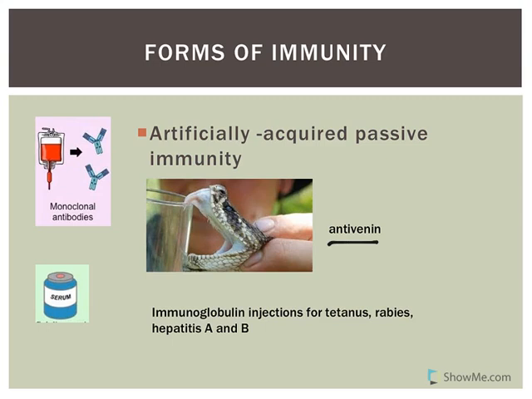Another example of an artificially acquired passive immunity would be the use of Rhogam, and Rhogam is given to pregnant women who are Rh negative. Now, before I go through that real quickly, again, it's artificially acquired, you're being injected with these antibodies, and it's passive because something else produced the antibodies.